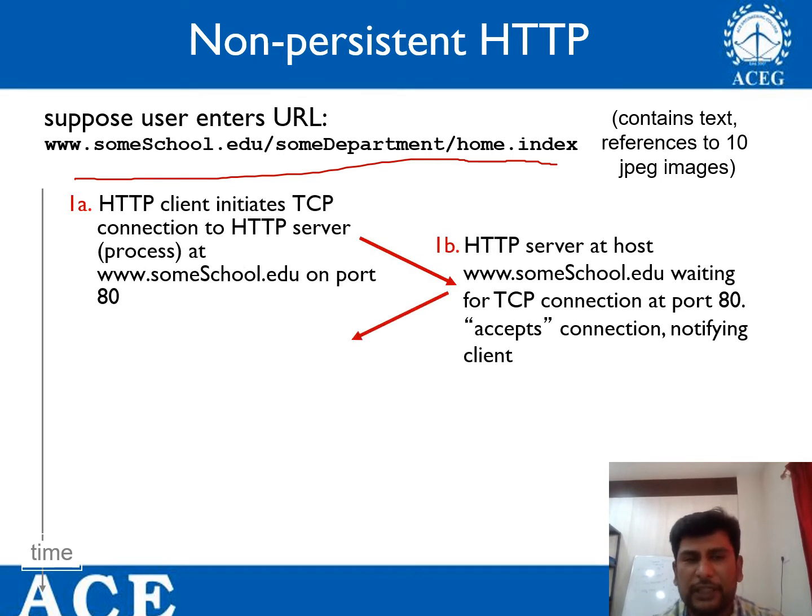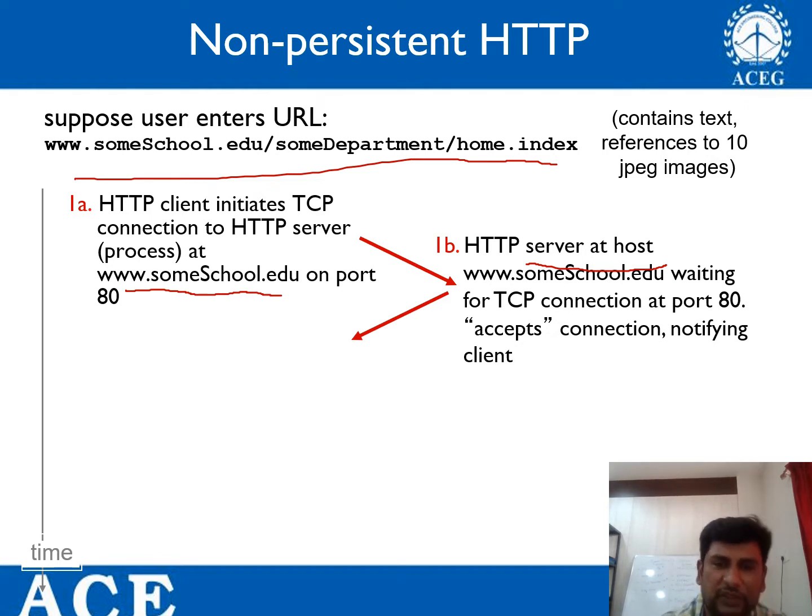Now, the HTTP client initiates a TCP connection to the HTTP server, which is www.someschool.edu on port number 80. This request, made by the HTTP client, will be received by the HTTP server at the host, which has been waiting for a connection establishment.